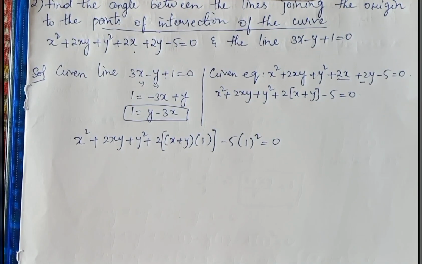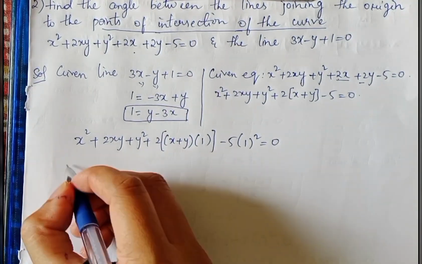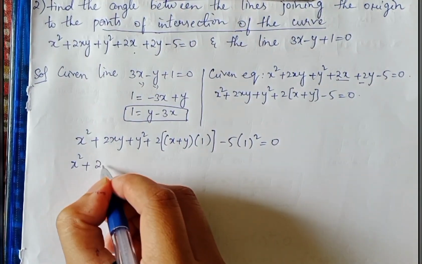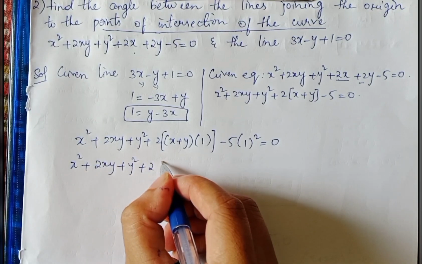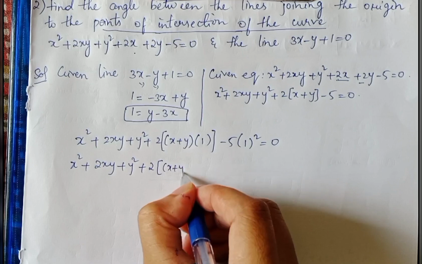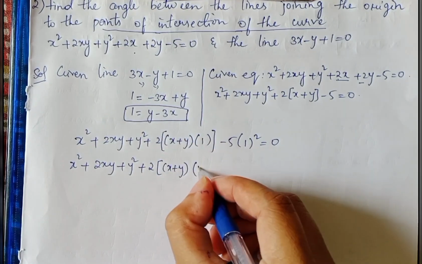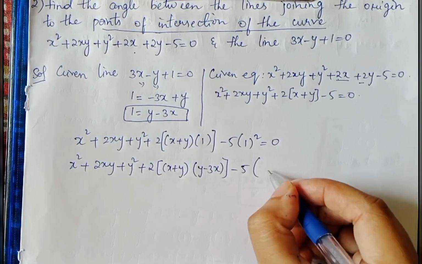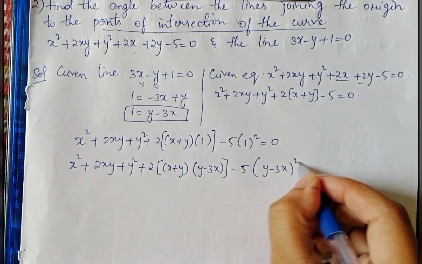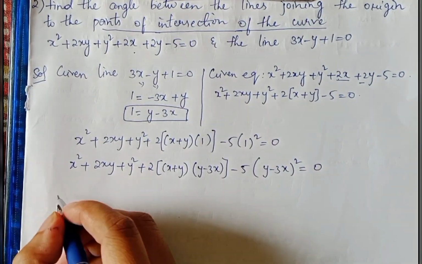Now substitute the value of 1: x square plus 2xy plus y square plus 2 into x plus y into the value of 1, which is y minus 3x, minus 5 into y minus 3x whole square is equal to 0.